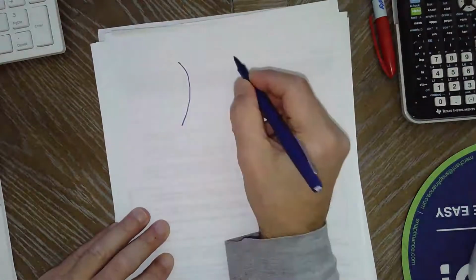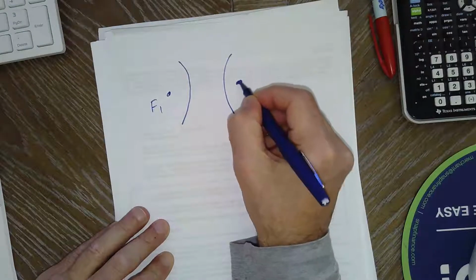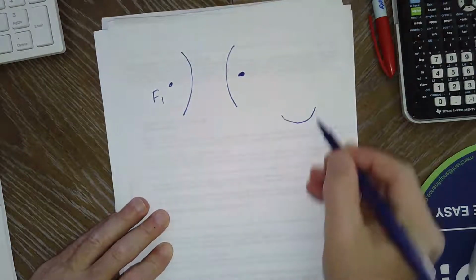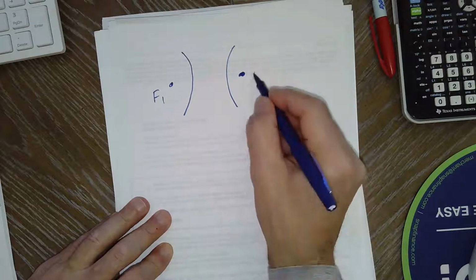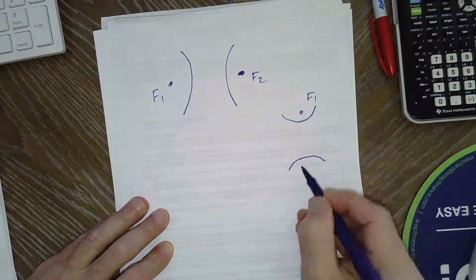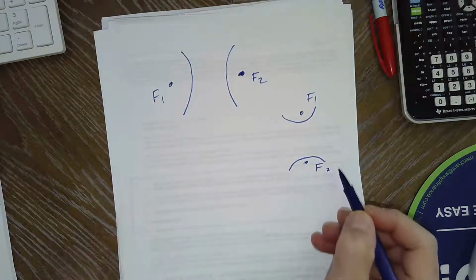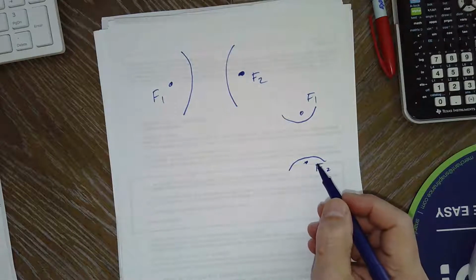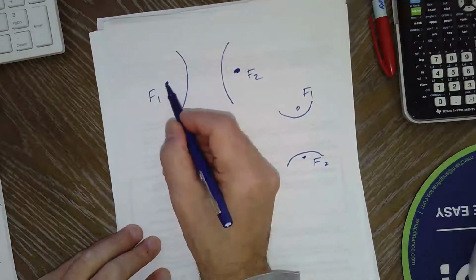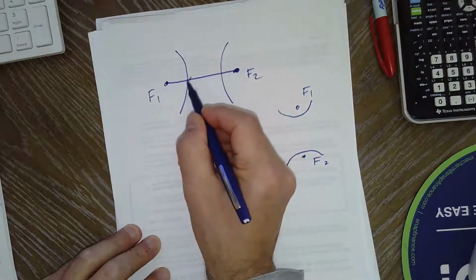So we have a hyperbola that opens right and left, or it opens up and down. The line through the foci, F1 and F2, intersects the hyperbola at two points called the vertices.